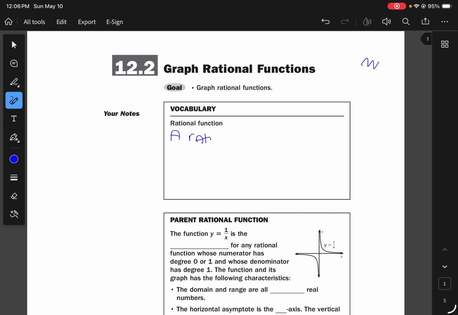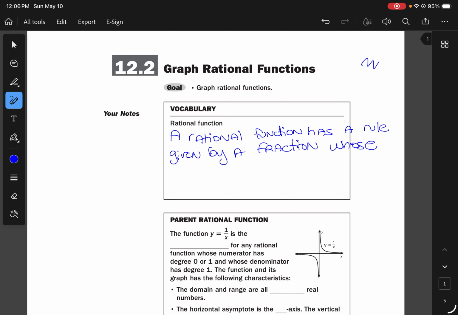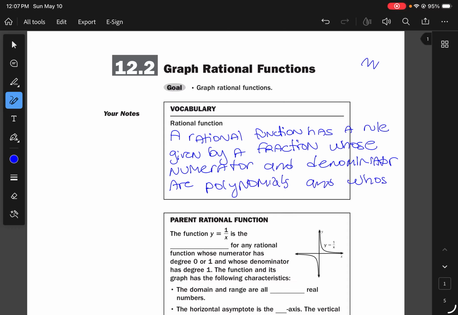So a rational function has a rule given by a fraction whose numerator and denominator are polynomials, and whose denominator is not 0.